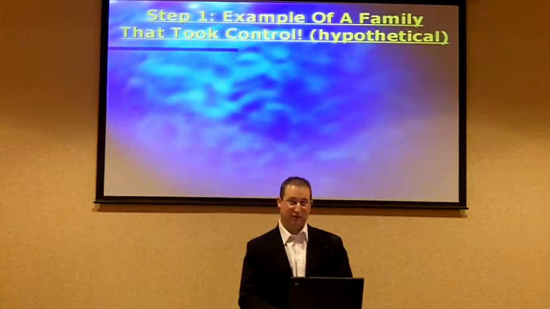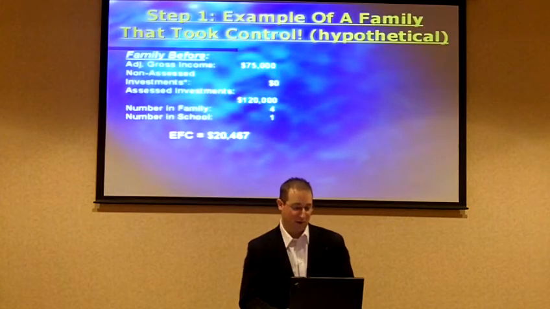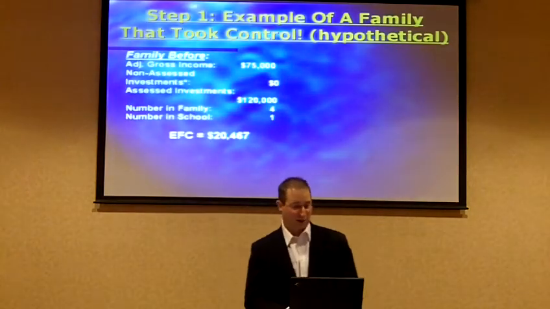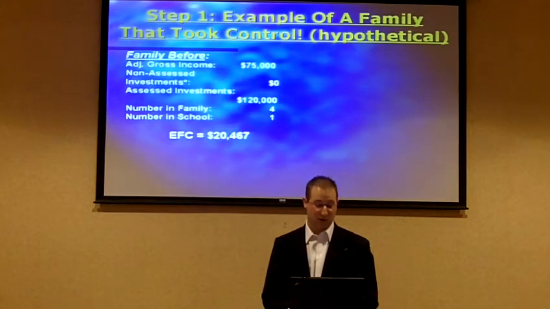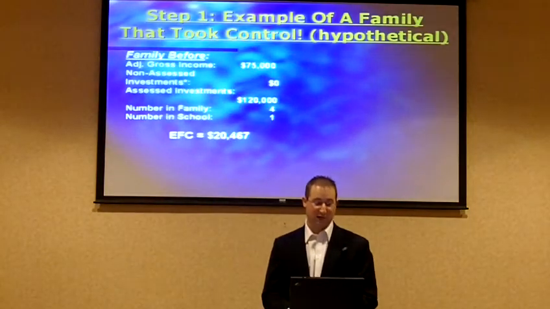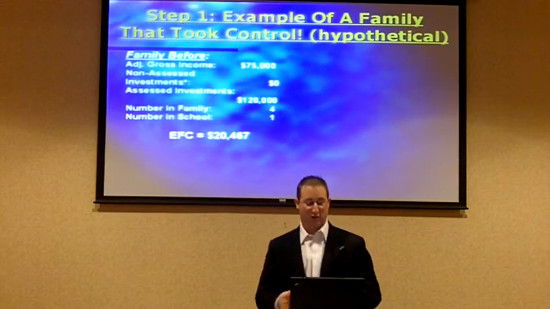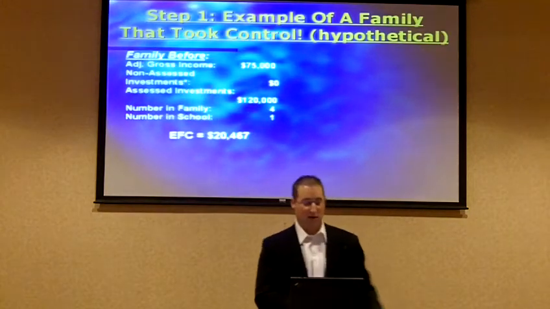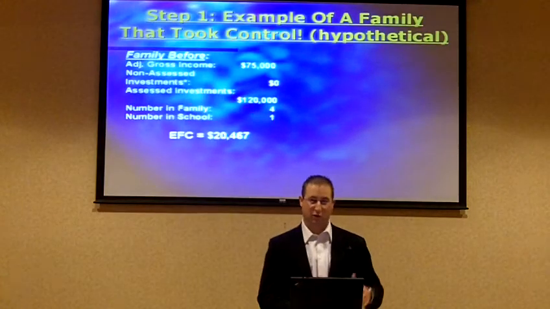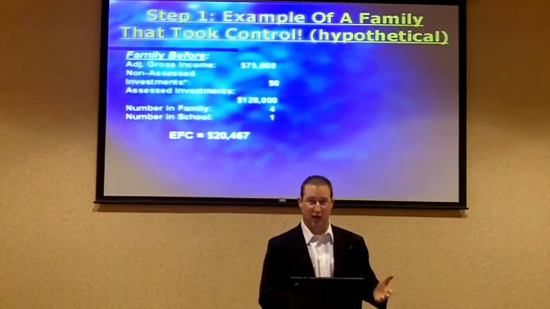Now here's an example of a family who took control. So here's the situation. Their adjusted gross income is $75,000. There's two kinds of assets here. You have your non-assessed investments, and then you have your assessed investments. Now, non-assessed investments are illiquid investments, so it's mainly retirement money.